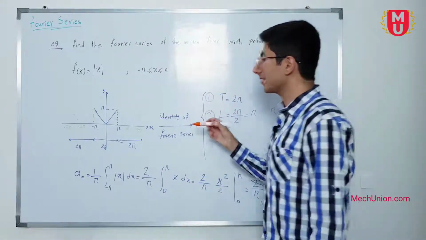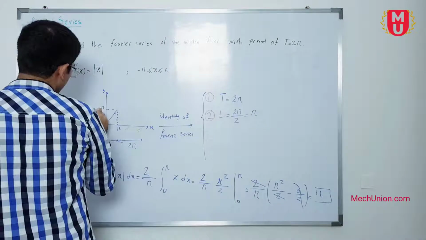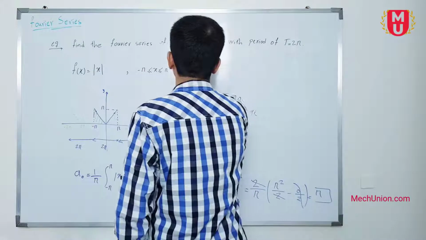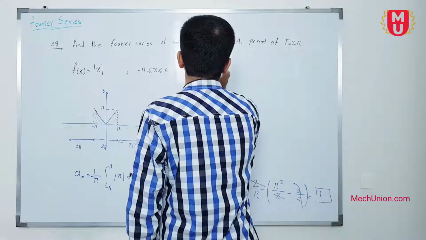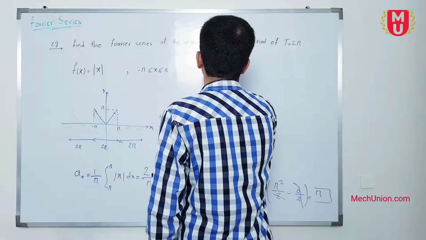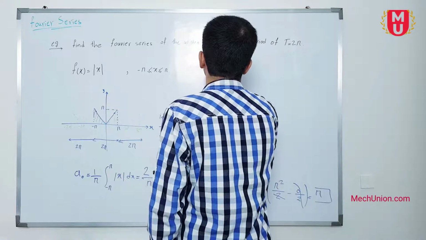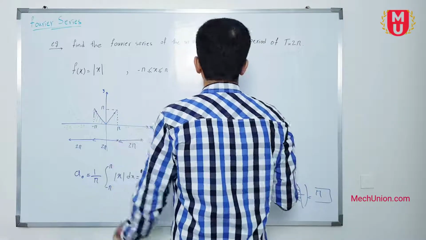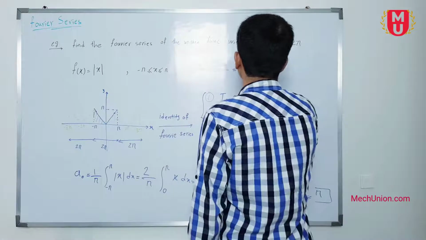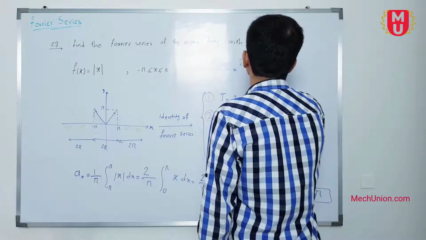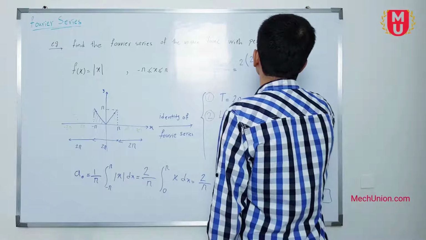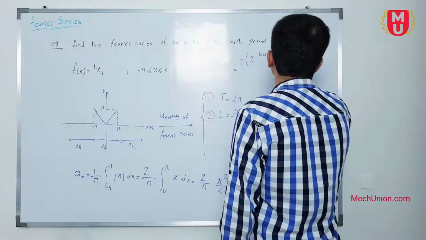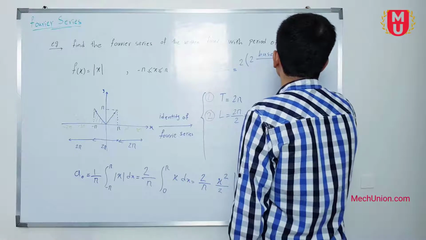We have another way to find the A naught. Consider these two areas of the net region. If you remember, we had A naught equals 2 S net over T. It's two triangles. We should find out the surface. The surface of a triangle is base times height over 2.